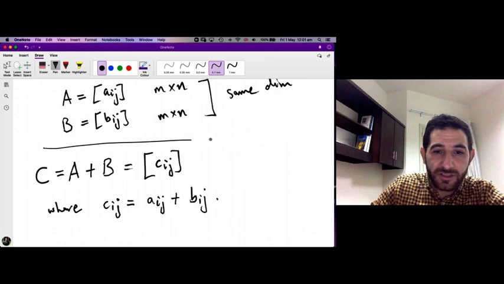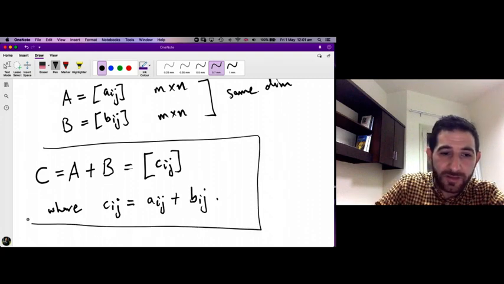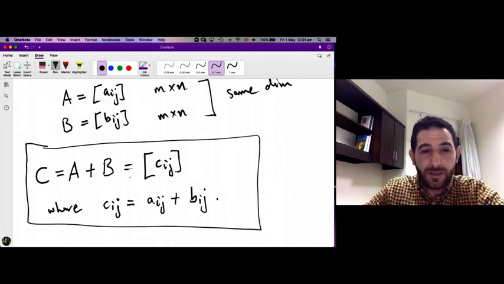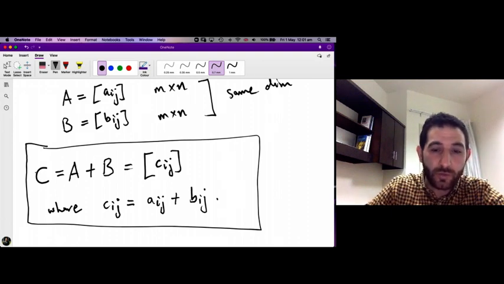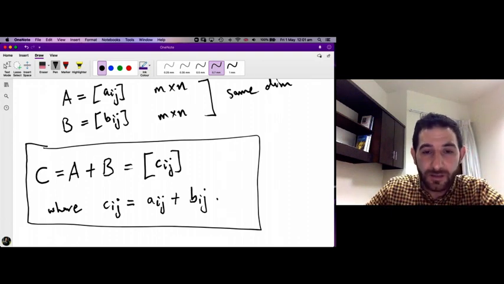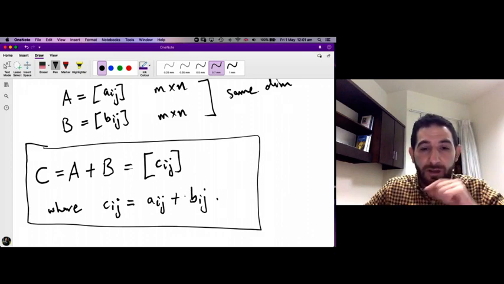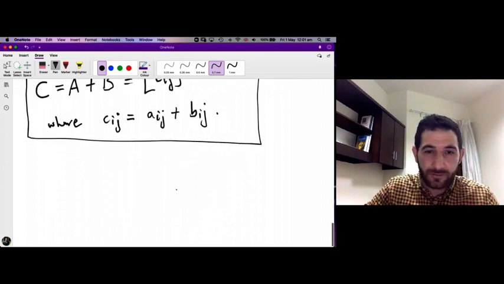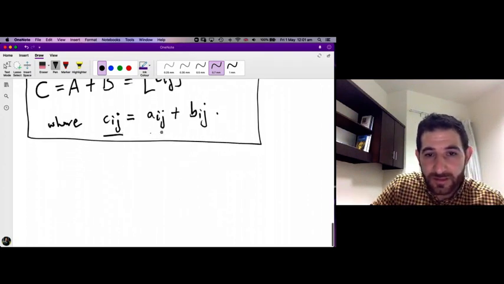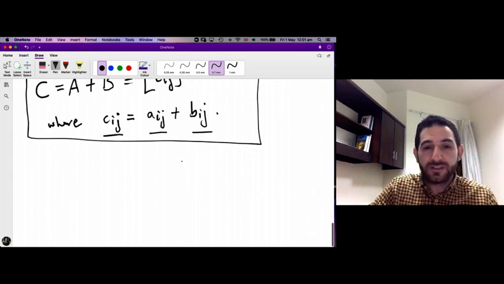So this is the definition of addition of matrices. It says that when you add two matrices, you get a new matrix whose ijth entry is equal to the sum of the corresponding entries in A and B. Notice that all these entries lie in the ith row and jth column.